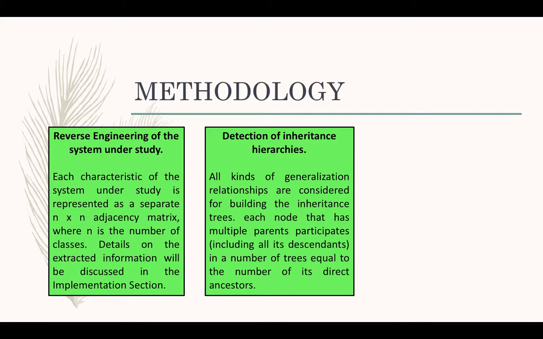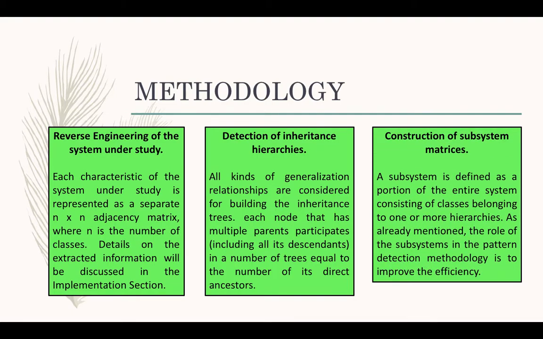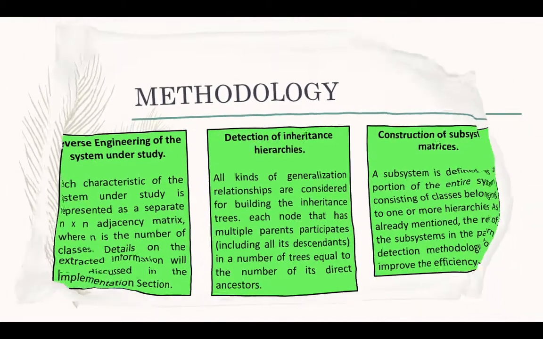Detection of inheritance hierarchies: all kinds of generalization relationships are considered for building the inheritance trees. Construction of subsystem matrix, where the subsystem is defined as a portion of the entire system consisting of classes belonging to one or more hierarchies.